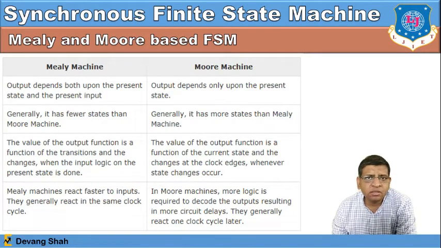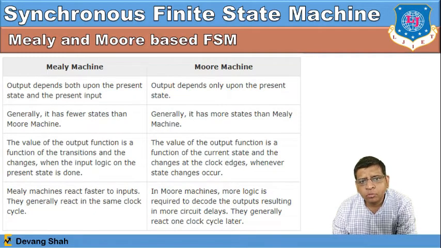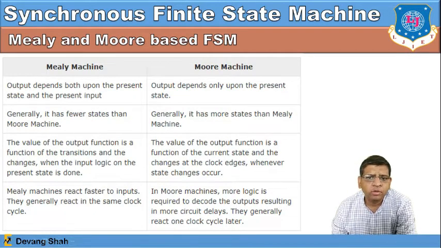Here you can see the difference between Mealy and Moore based FSM, in what way you can represent a Mealy machine and in what way a Moore machine. First, the Mealy output depends both upon the present state as well as the present input. That's what we just saw in the block diagram. In a Moore machine, the output depends only on the present state.